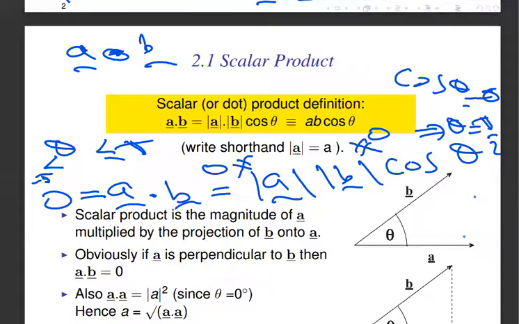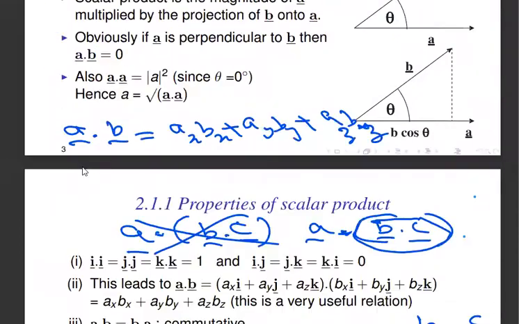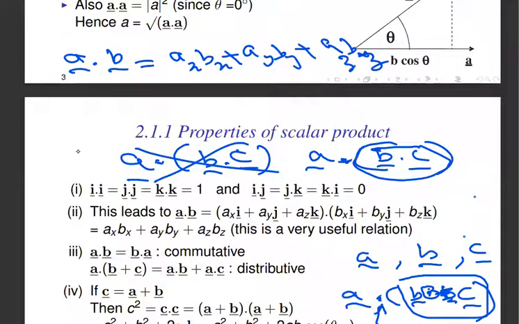So you cannot talk about A dot B dot C. No, this is not a dot product, but this is a scalar product. Different one. So let's write this one: A dot B times C. This is okay.